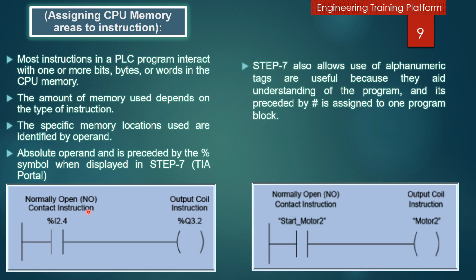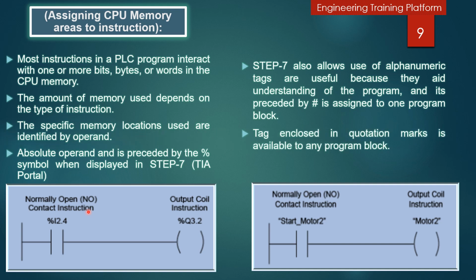STEP 7 also allows the use of alphanumeric tags as operands, as you can see in the picture. Tags are useful because they aid understanding of the program. A tag preceded by a hash is assigned to one program block. A tag enclosed in quotation marks is available to any program block.